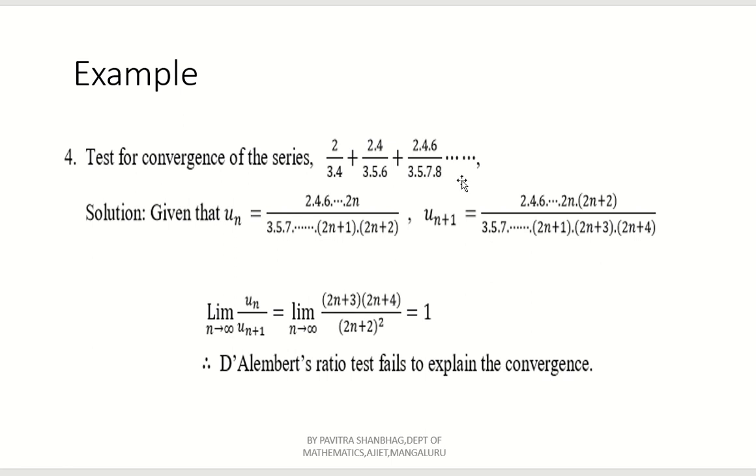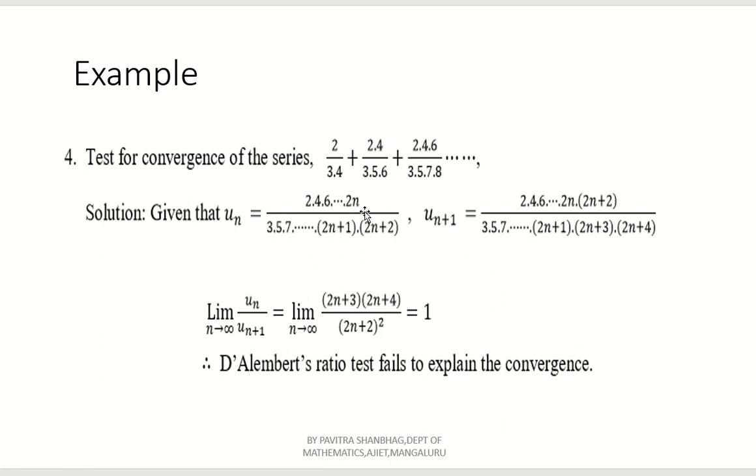Now, what is next? Look into the difference of this. What we will get? The nth term is 2 into 4 into 6 up to 2n, over 3 into 5 into 7 up to 2n plus 1, into 2n plus 2, right? If you multiply, you will get like that. See, 2n plus 1 into 2n plus 2 ends with. Now, what is un plus 1? Just n replaced by n plus 1.